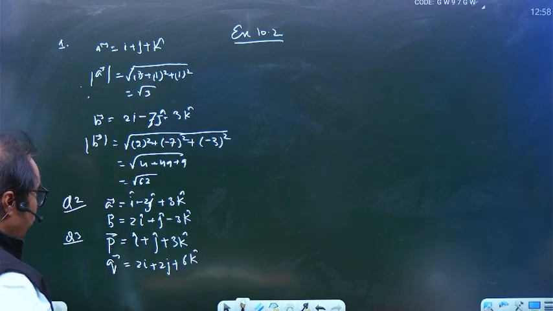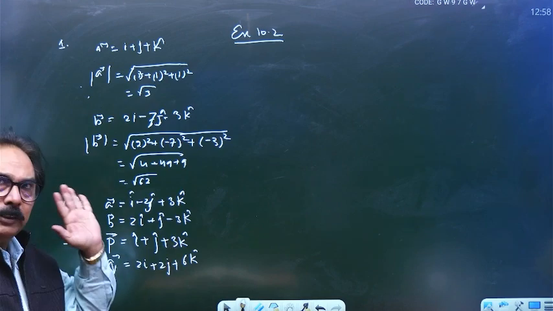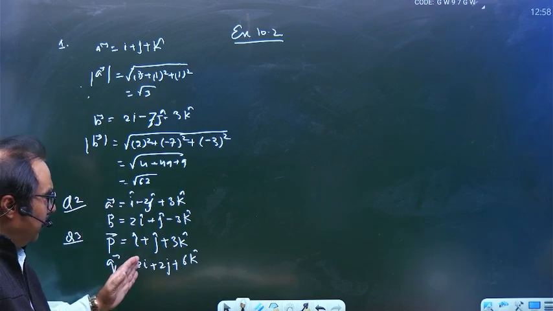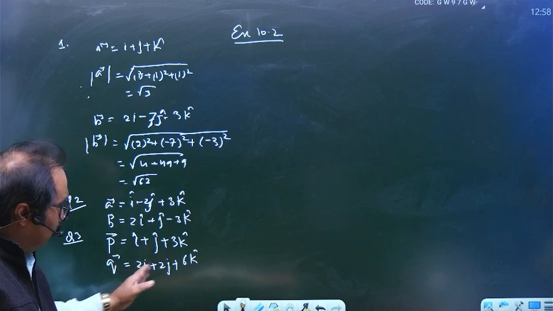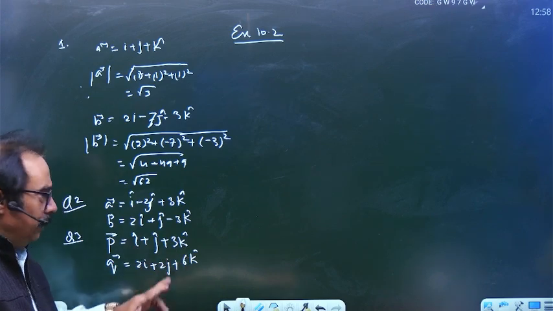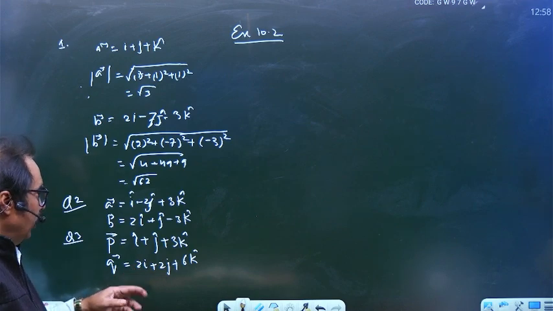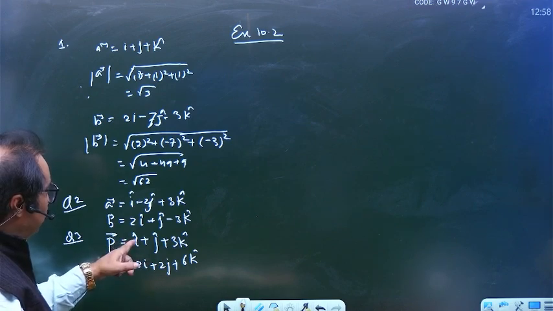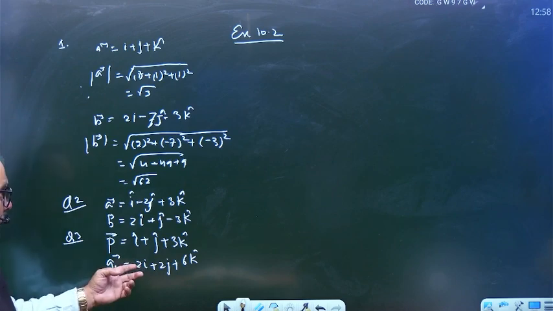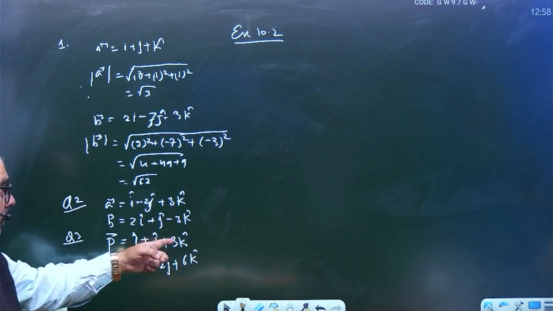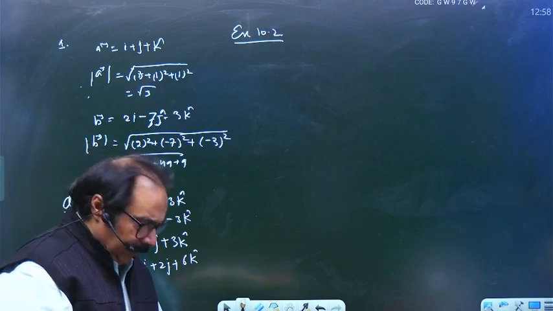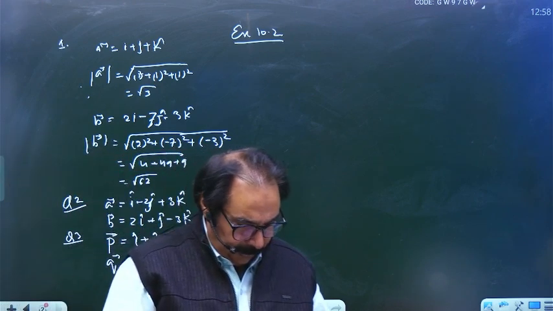You can write any vector as you like, and then for the second vector you can multiply by any scalar number, but all the components must be multiplied by the same number. If you multiply by 2, it will be 2i cap plus 2j cap plus 6k cap. If you multiply by 4, it will be 4i cap plus 4j cap plus 12k cap. In this way we can write a lot of examples.